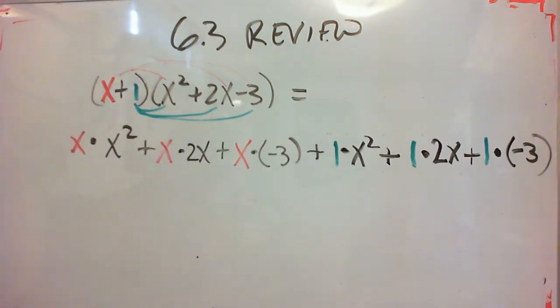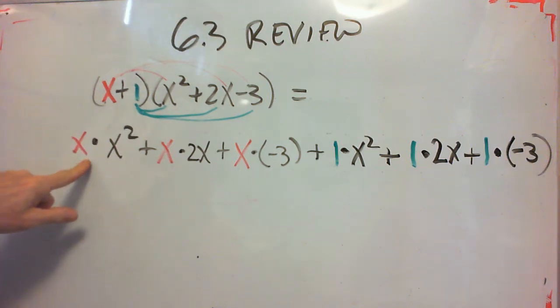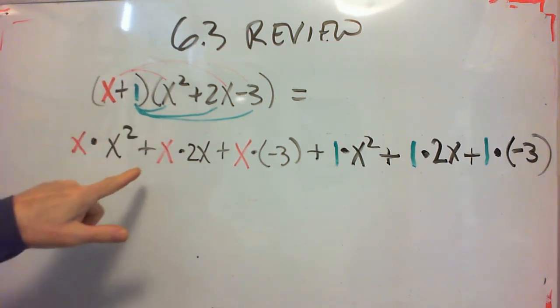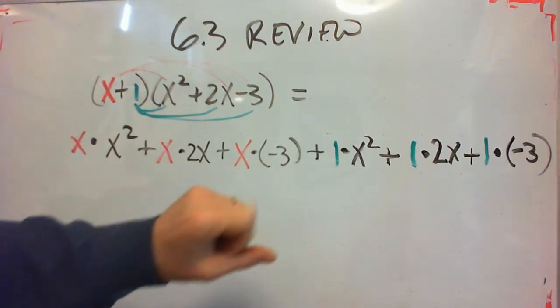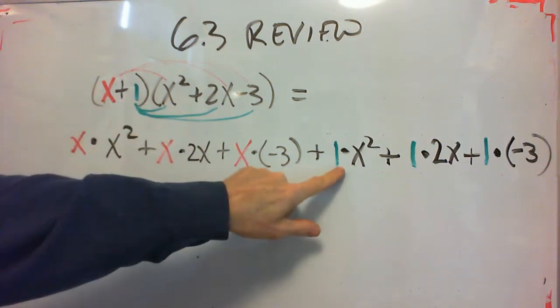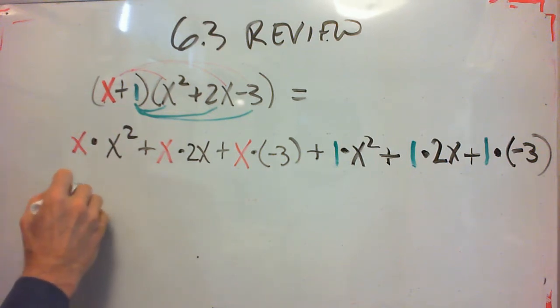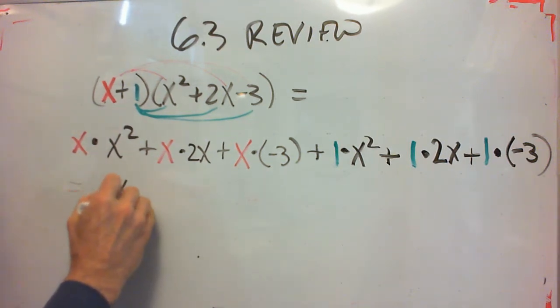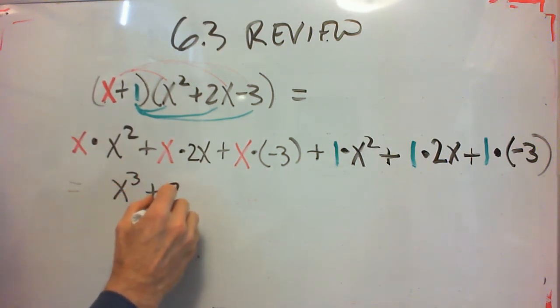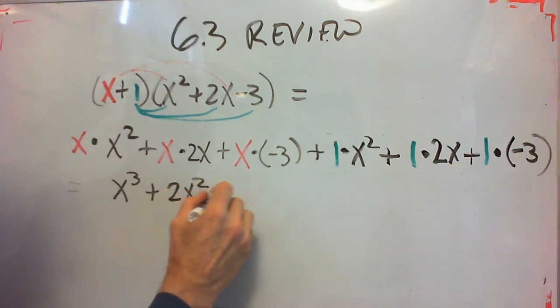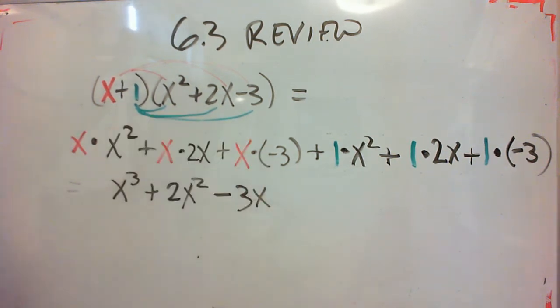So when we do that, we have x times x squared, plus x times 2x plus x times negative 3, then 1 times x squared, 1 times 2x, 1 times negative 3. So when we do those multiplications, we get x cubed plus 2x squared, and then a minus 3x.